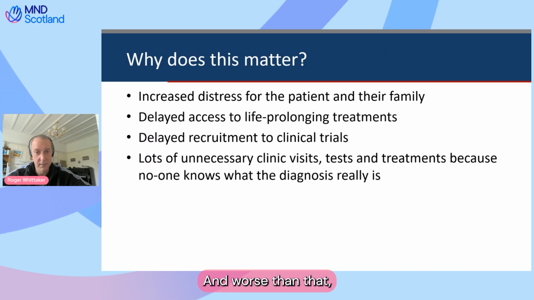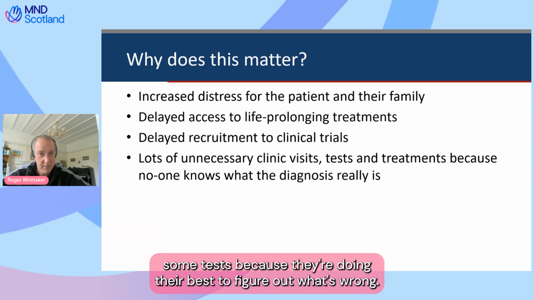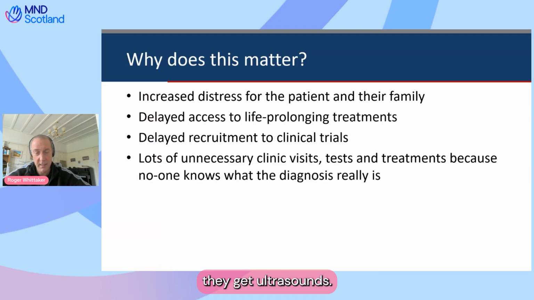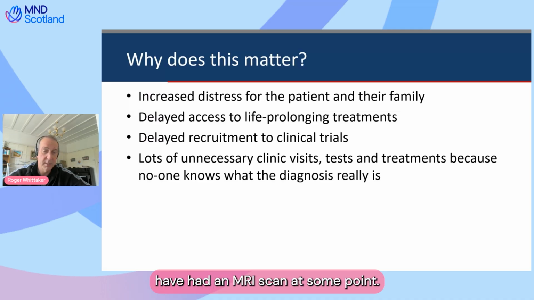And worse than that, those specialists will usually order some tests because they're doing their best to figure out what's wrong. So patients get lumbar punctures, they get blood tests, they get ultrasounds. And when you look back, the vast majority of them will also have had an MRI scan at some point.